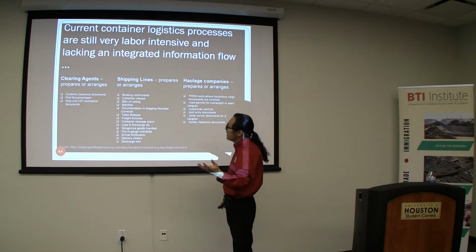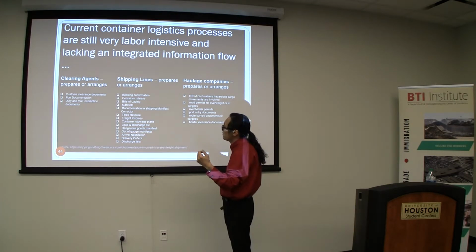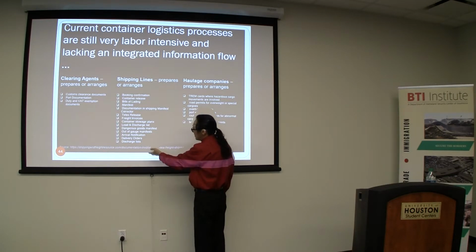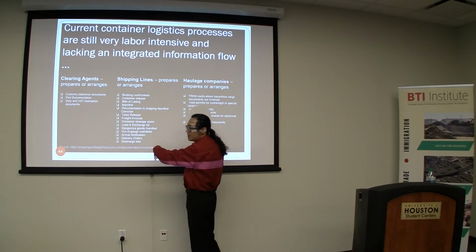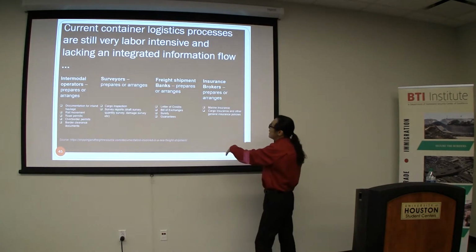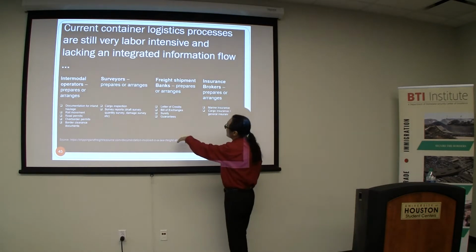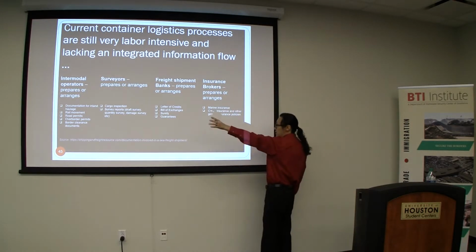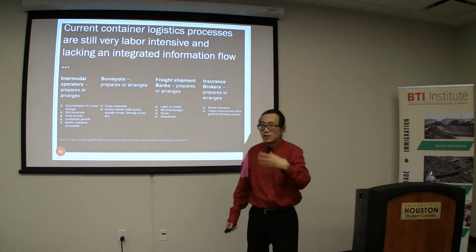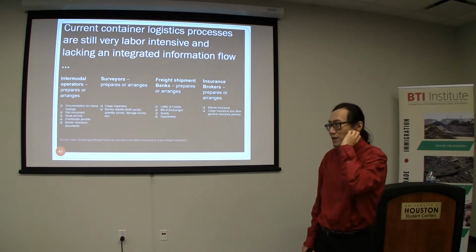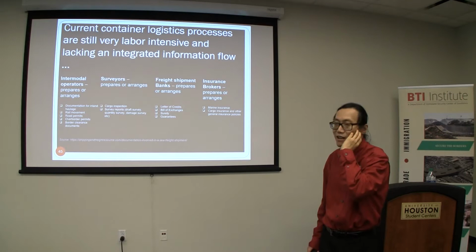Then we have clearing agents who also need documents for the port of entry, the customs, as well as shipping lines that need documents like freight invoices, and you can see here the arrival notification. That's all the paperwork they have to deal with, as well as the freight shipment banks and the insurance brokers. To ship cargo or goods, the amount of documents and paperwork behind it is huge and creates a lot of overhead.